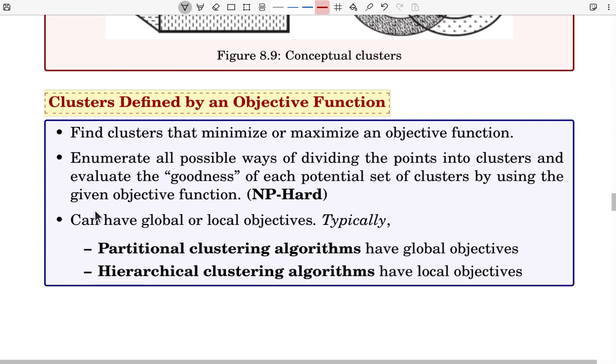I'll explain what it is in the next page. And now the objective function can be global or local. For partitional clustering algorithms, usually the objective function is global. For hierarchical clustering algorithms, the objective function is local. That means that the objective function is locally defined, but a global objective function is usually better.